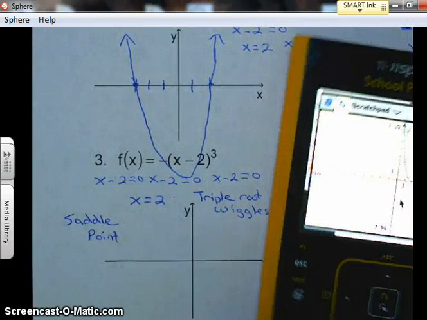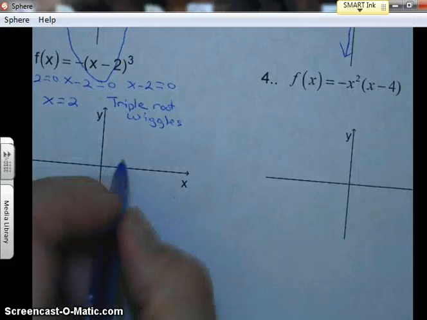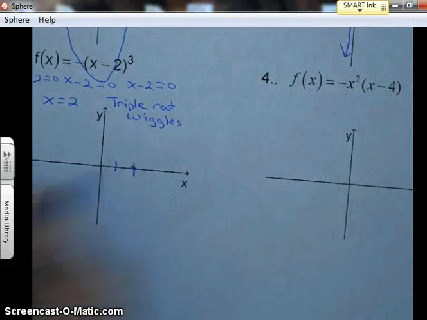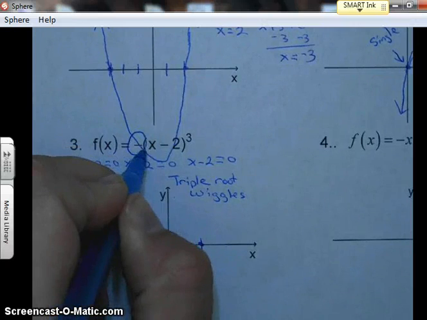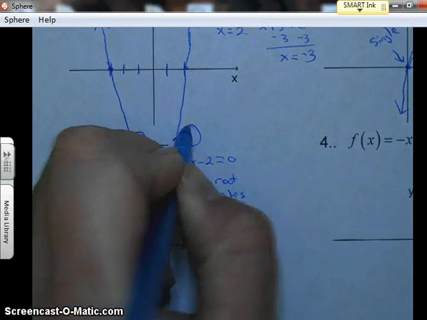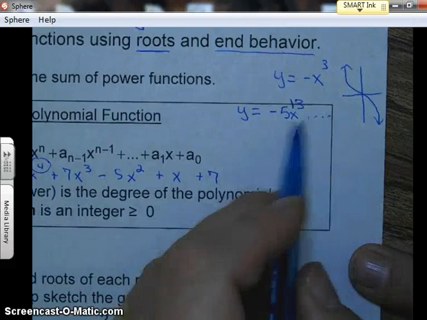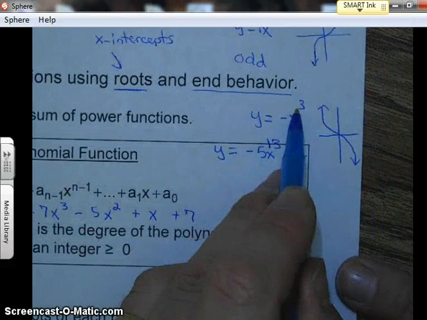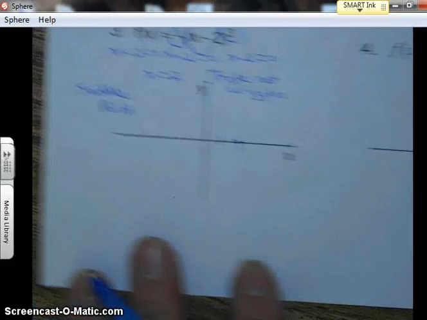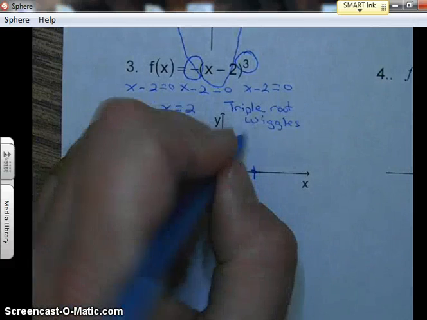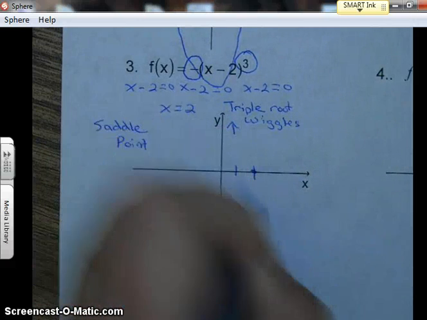So at 2, okay, notice it's negative, it's odd, so we're going to the odd function, and it's negative, so it's going to go up on the left, down on the right.